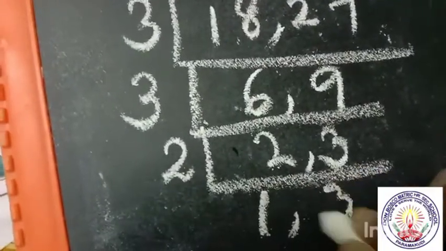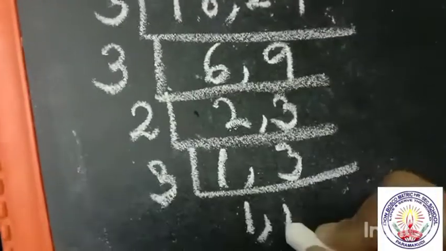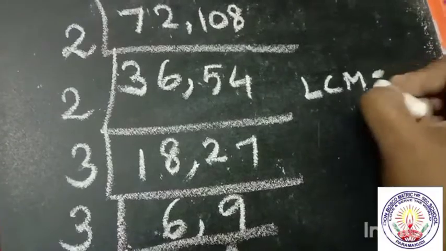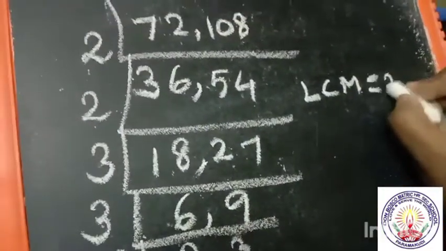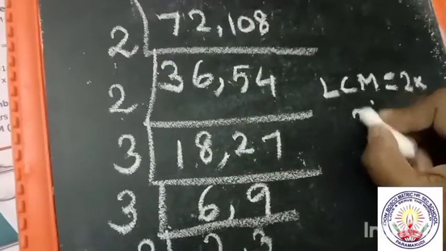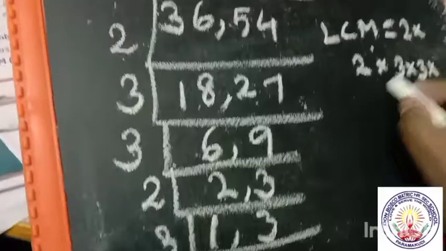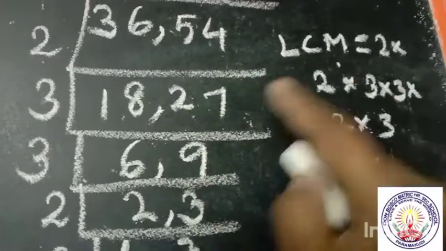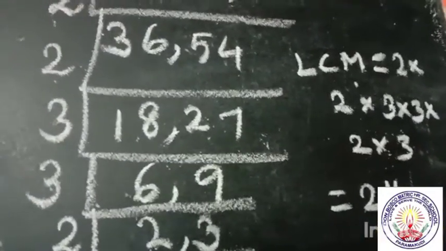We simply write 3. And then 3, 1 1. 1 3 is 3. What is the LCM? 2 2 3 3 2 3. Okay, 2 into 2 into 3 into 3 into 2 into 3, that is the LCM. After multiplying these numbers we get 216.